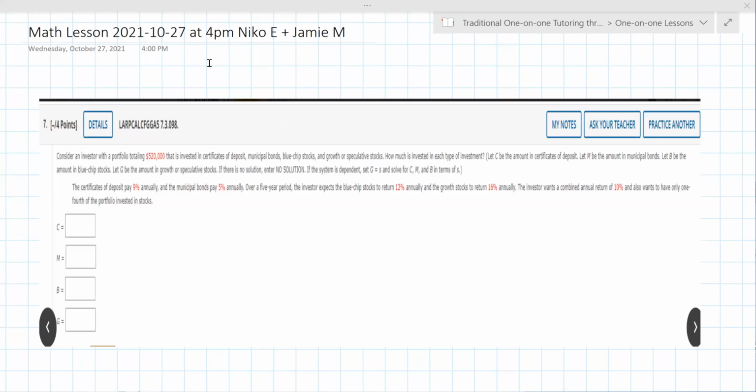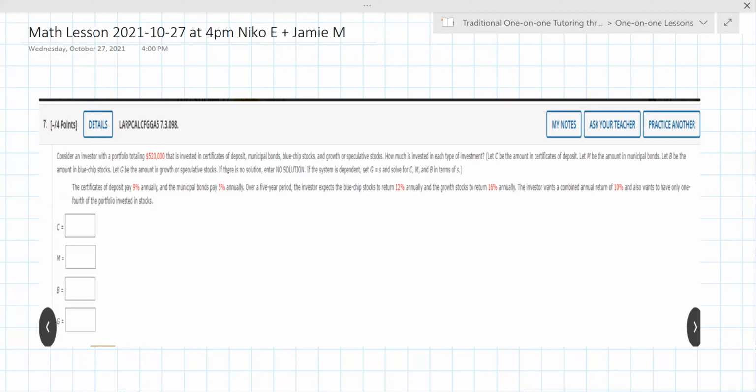All right, so looking at this question here, consider an investor with a portfolio. That's the total that's deposited, and they tell you here, I'm sorry for the weird scaling, this just didn't fit well on my screen.